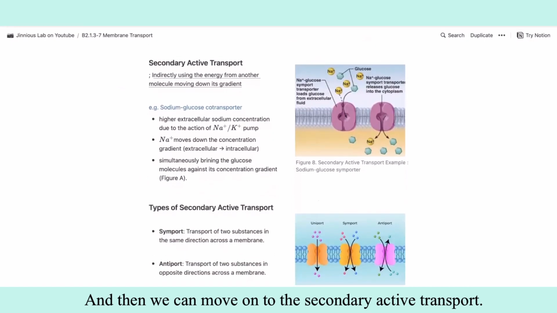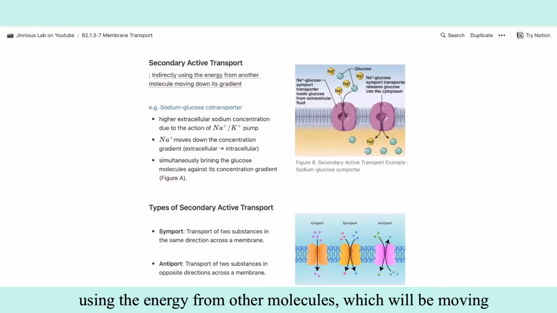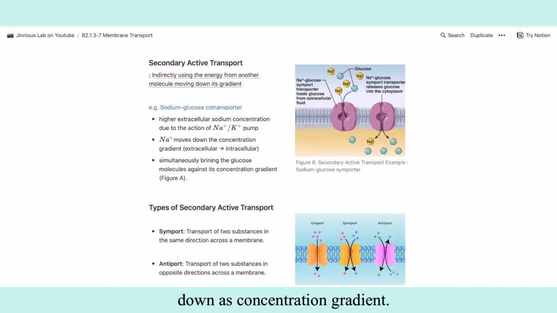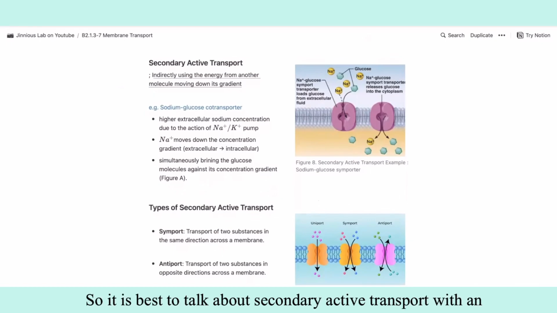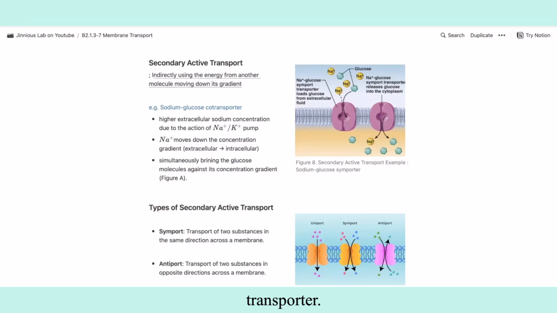And then we can move on to the secondary active transport. So in this case, we won't be using ATP, but we'll be indirectly using the energy from other molecules, which will be moving down its concentration gradient. So it is best to talk about secondary active transport with an example. And an example would be sodium glucose co-transporter.